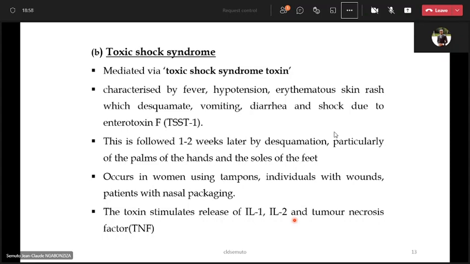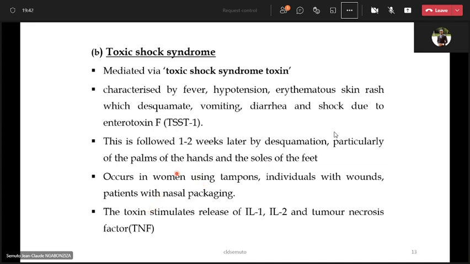Another toxin-mediated pathology is toxic shock syndrome, mediated by toxic shock syndrome toxin, which is characterized by fever, low blood pressure, skin rash, vomiting, and shock. It is sometimes followed 1 to 2 weeks later by skin desquamation on the palms of the hands and soles of the feet.